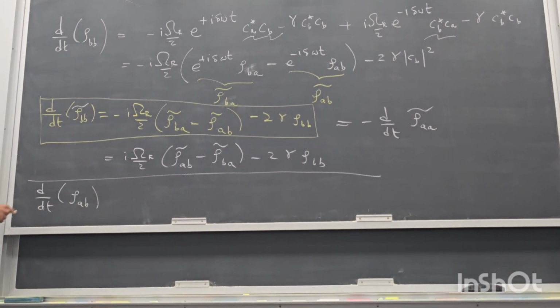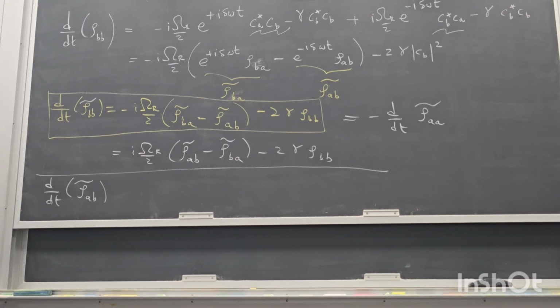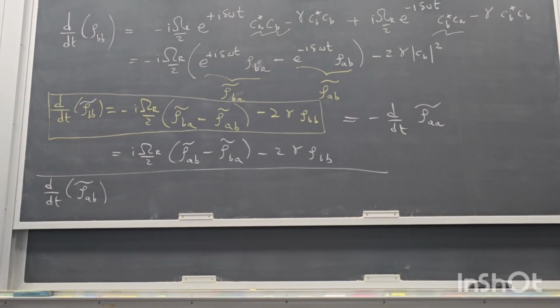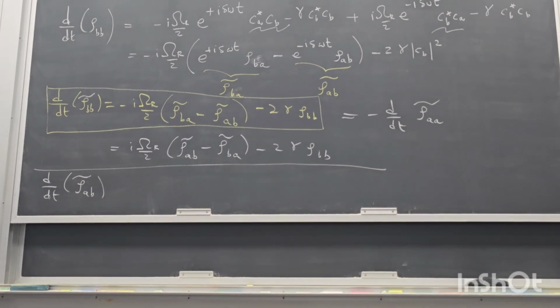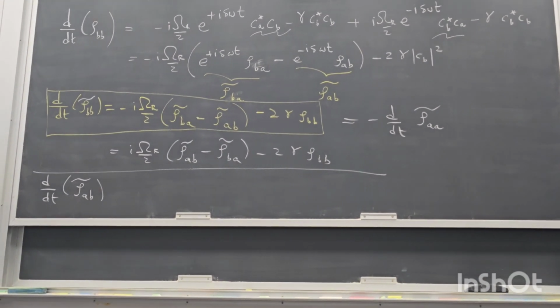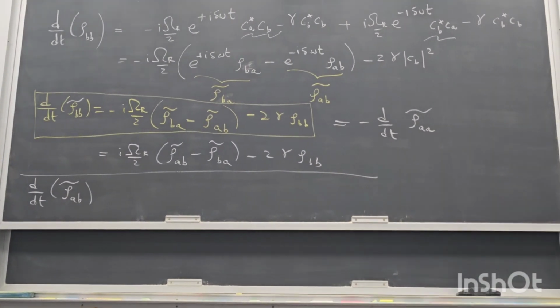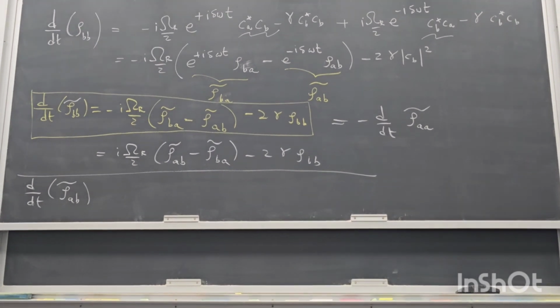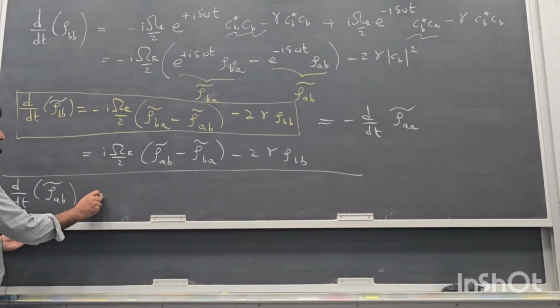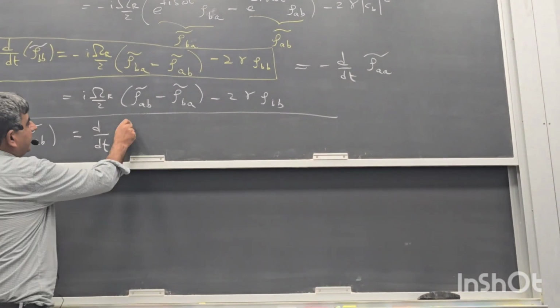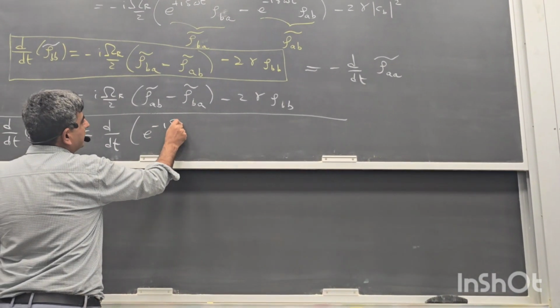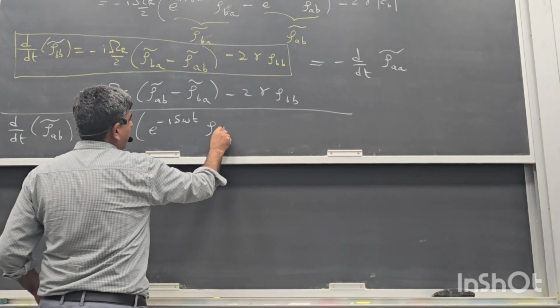In fact, let's look at the rate of change of rho AB tilde because I want to put everything in the rotating frame. I want to do everything in the tilde frame, in the rotated frame. Right? So now this thing is d by dt rho AB tilde, which is defined as e to the minus I delta omega t rho AB.